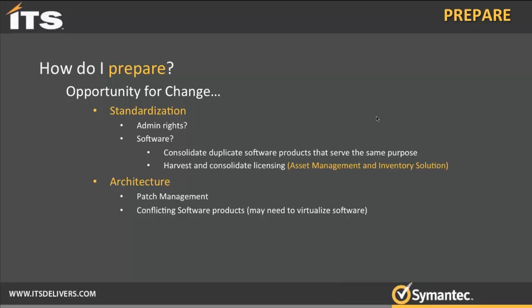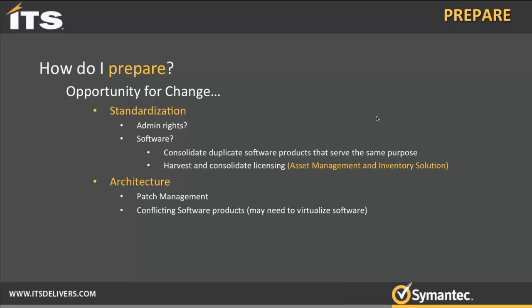Do we want to have admin rights assigned to these users on this new platform? What's been our struggle in the past with having admin rights? What vulnerabilities has it caused? What extraneous software do we have installed that may not be licensed under your organization that you could get dinged for in the future during software audits?